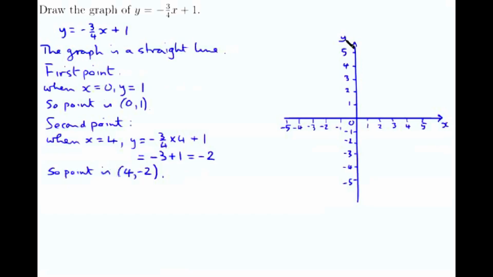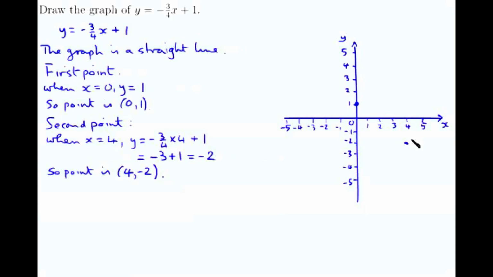Let me label this the x-axis and the y-axis. So where are these 2 points? The first point, 0, 1, is here on the y-axis. So 1 is the y-intercept. And the second point, well, that's 4 across, and it's minus 2, so it's 2 down. So this point is there, 4, minus 2.